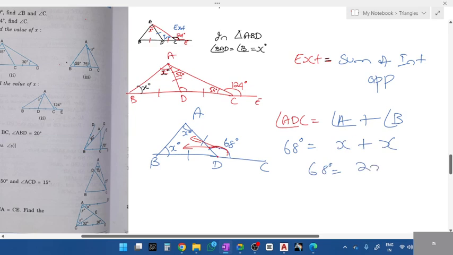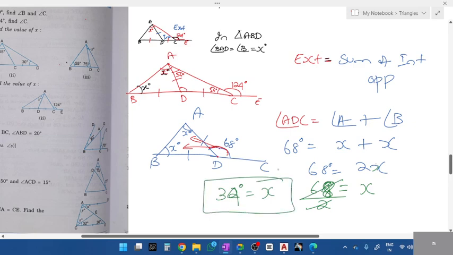X plus x is 2x. 34, 44, 32. I'm getting different answers. Who said 44? Abigail? Sorry, 34. I heard it as 44. X is equal to 34 degrees.